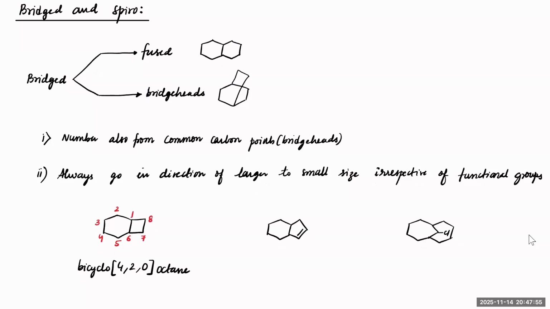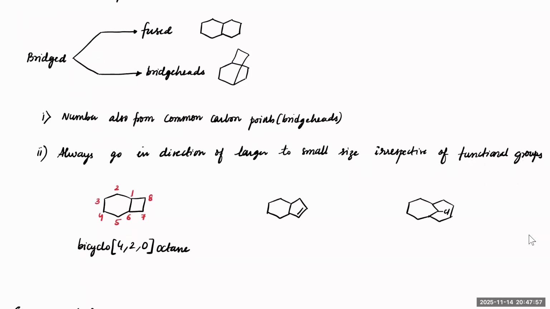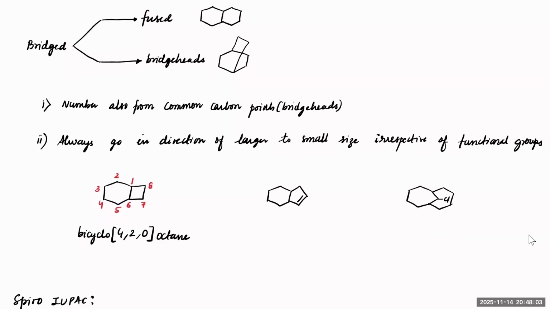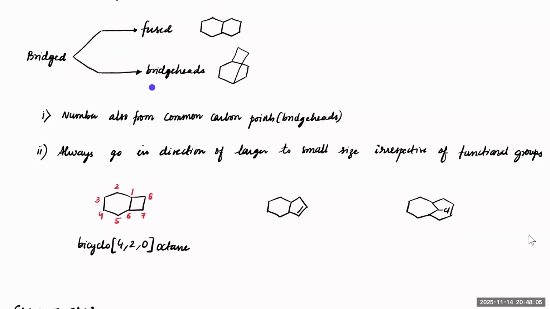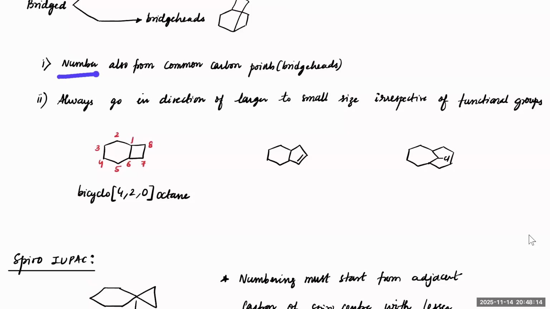So in such cases, when you have bridged compounds or two cycles connected to each other this way, how do we do the numbering, and what is the priority to be taken? Let's see that. First, number from the common carbon points.